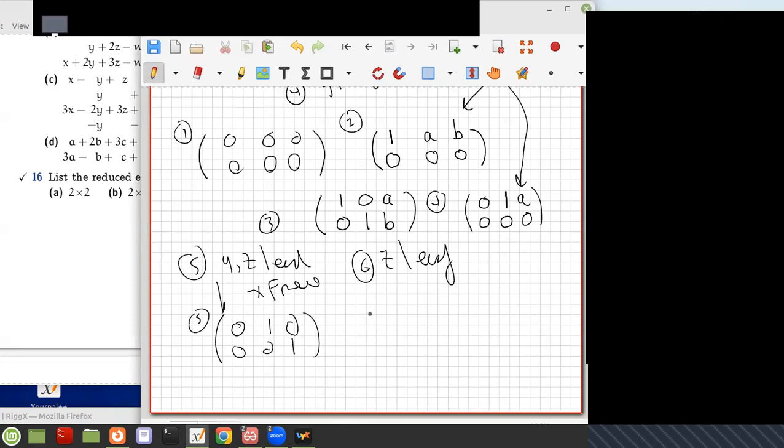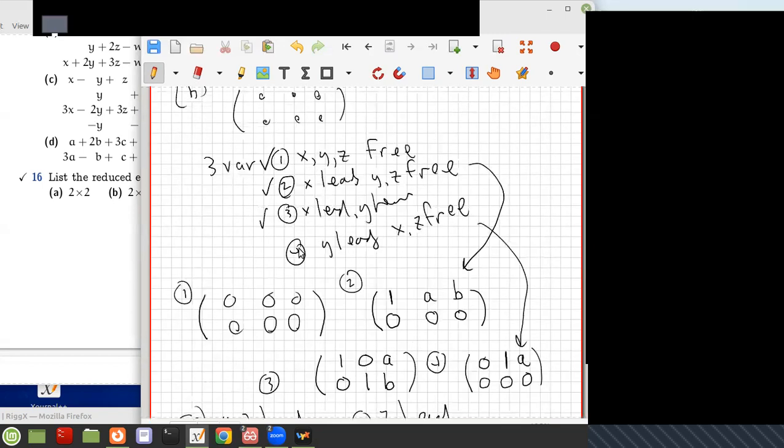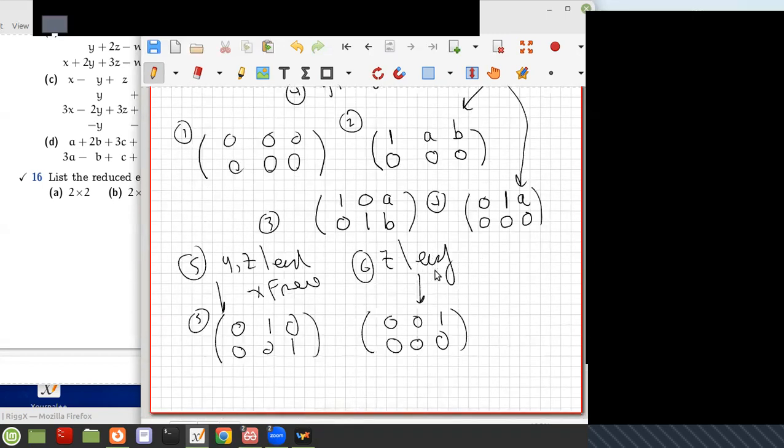Okay, and then Z can be leading, right? Oh, there's that matrix. Yeah, there's this one. Okay, so even more. Let's see. We have X leading, Y leading, Z leading, then any of the other 2 leading. Anyone else see any other ones? Okay, well, let me see, do we have X and Z leading? Oh, let's see, what would that look like?